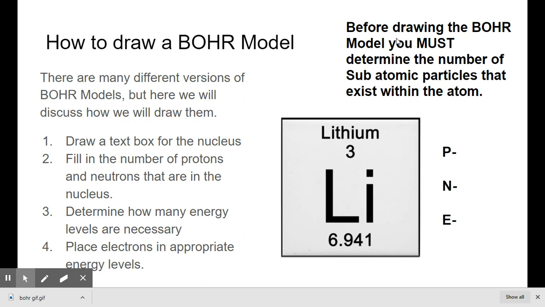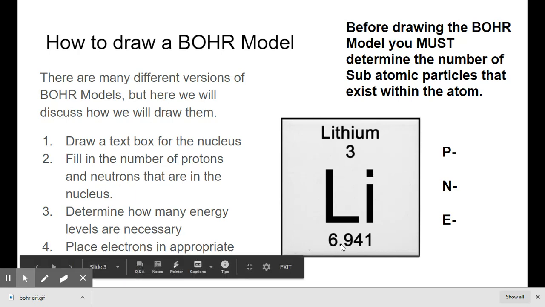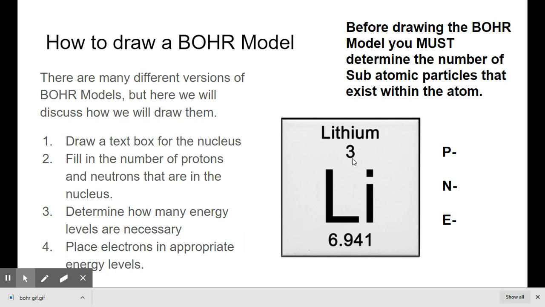And if we use the MAN part of APE MAN, mass minus atomic number equals neutrons, we take this number down here, 6.9, round it to 7, and 7 minus 3 gives us 4. So we should be able to determine that lithium has 3 protons, 4 neutrons, and 3 electrons.